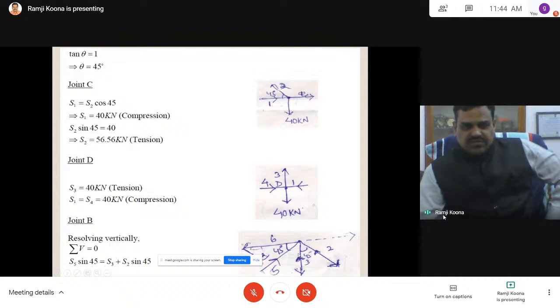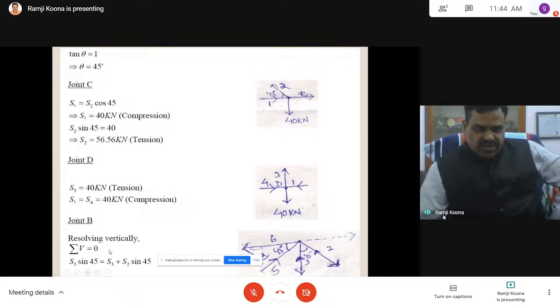Sigma vertical, it is not horizontal. Vertical means S3 plus S2 cos 45 are in one direction, and S5 sin 45 is in the other vertical direction. That is negative, one is up.